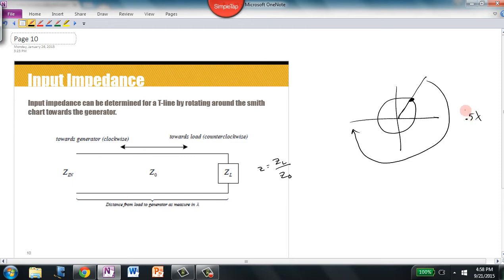For line lengths greater than 0.5 lambda, you subtract off multiples of 1/2 lambda until a value between 0 and 1/2 lambda is reached, and you use that new value for rotation. When you complete your rotation, you mark that point and draw a line from the center of the Smith chart to it. The intersection of that new line and the operating circle gives you the normalized input impedance.